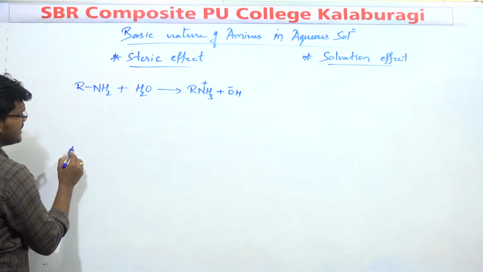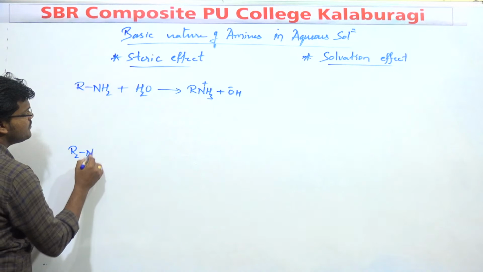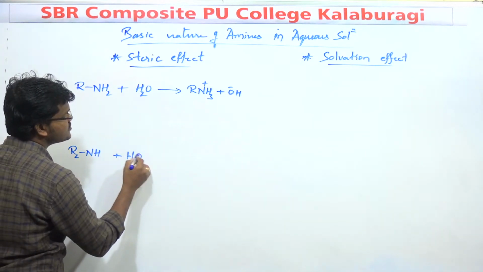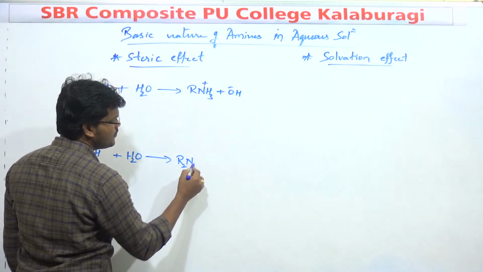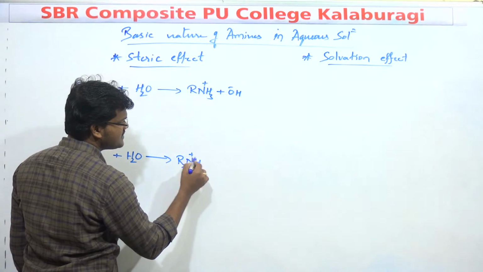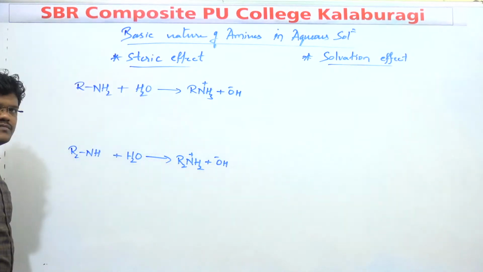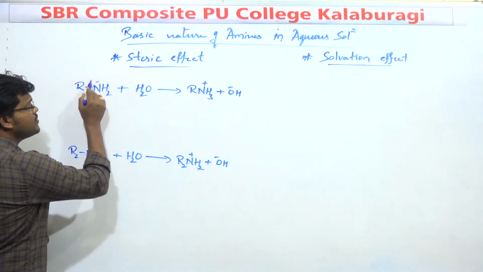Here, I am having a secondary amine, R2NH, which is going to react with H2O so as to form R2NH2 plus OH minus. There is a lone pair of electrons, and those lone pair of electrons are donated.